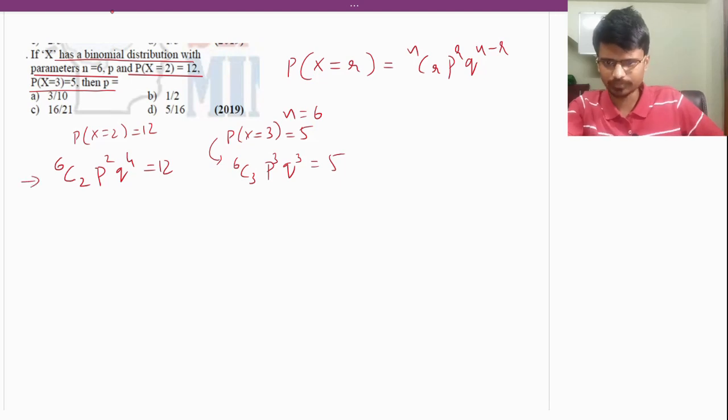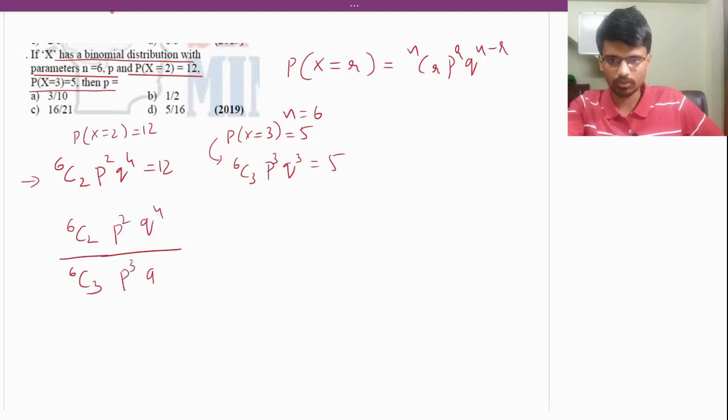Okay. Let me divide both the equations. What do I get? 6C2 divided by 6C3, p square q power 4 by p cube q cube, equal to 12 by 5. Okay, I just need to simplify this.